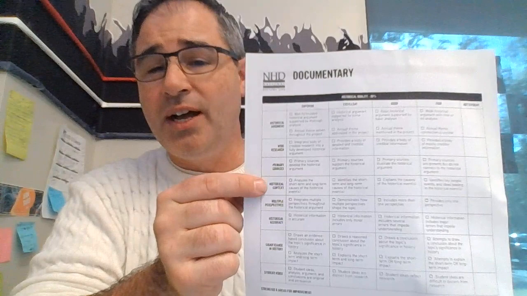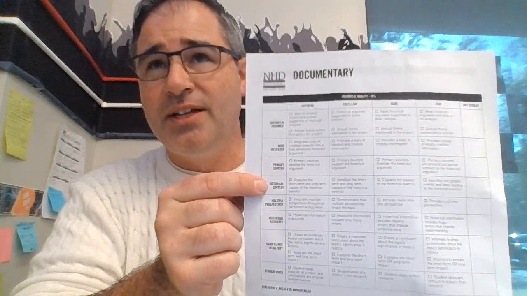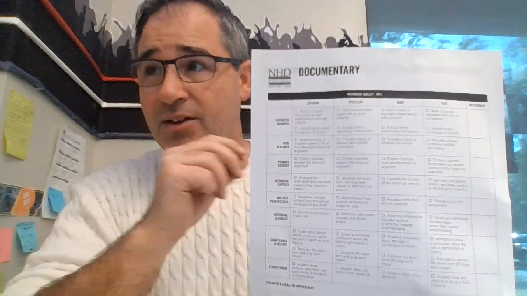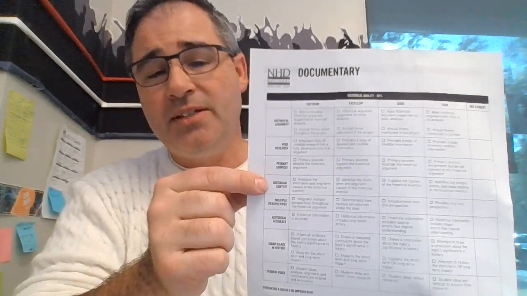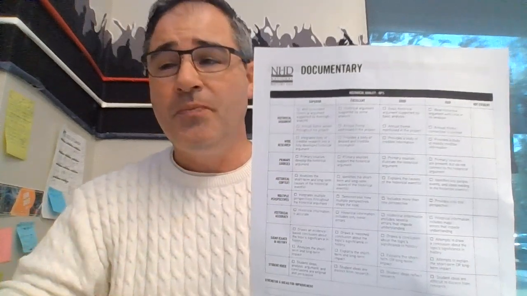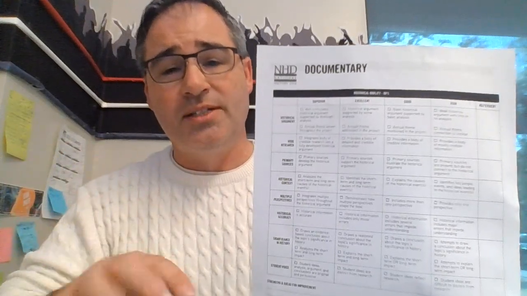This section here is historical context. When they refer to historical context, they're referring to the context of the event, not whether they are putting the primary sources in context. So this means whatever the event is, are they talking about the causation, both immediate causation and the long-term causes of the event.